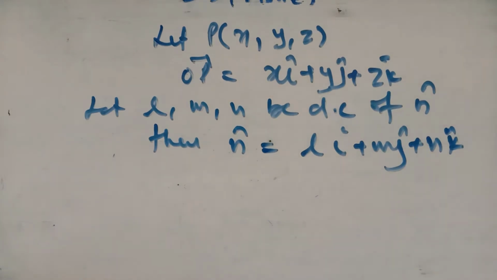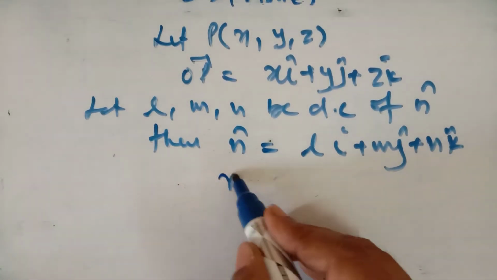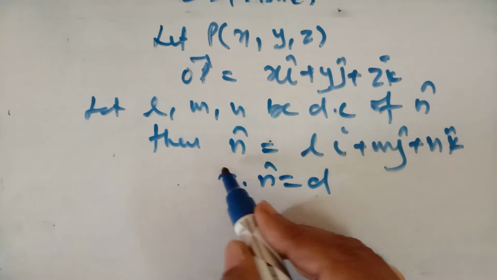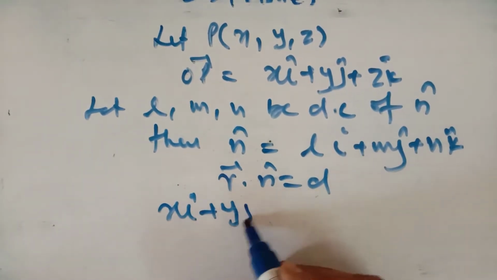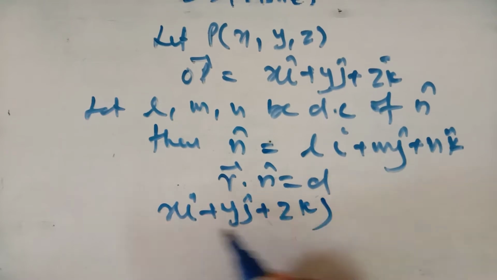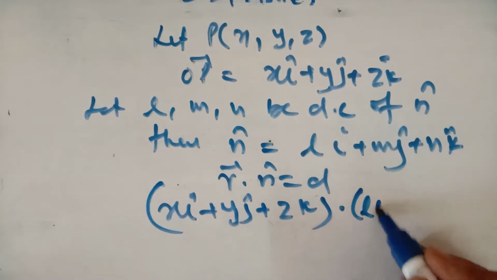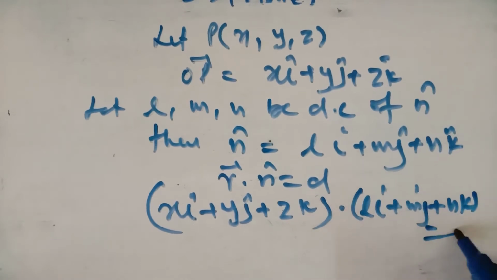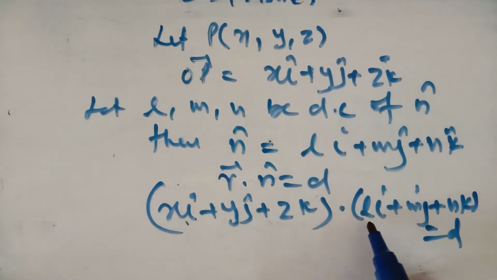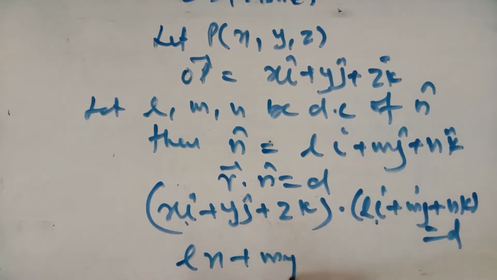Now putting this in r dot n cap is equal to d, the value of r is xi plus yj plus zk dotted with li plus mj plus nk is equal to d. Find the dot product. x into l will be lx plus my plus nz is equal to d.